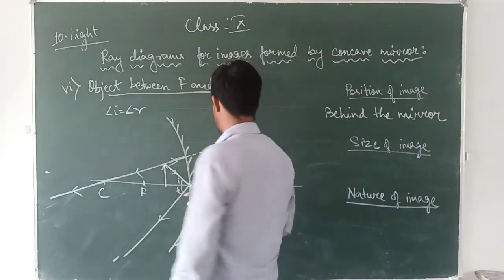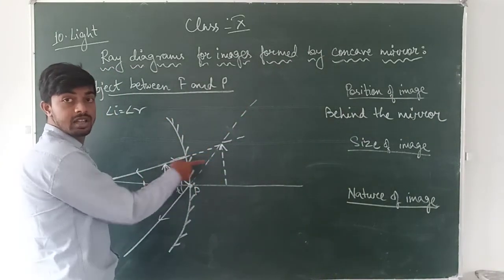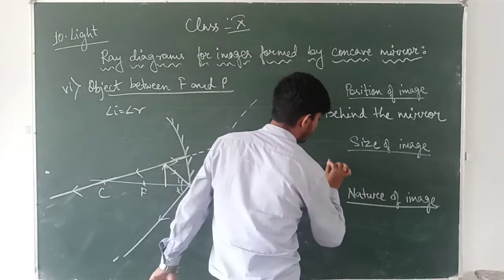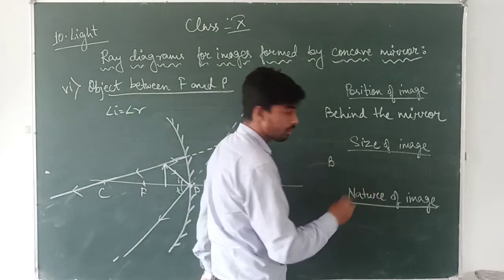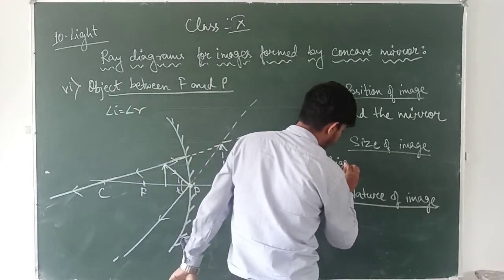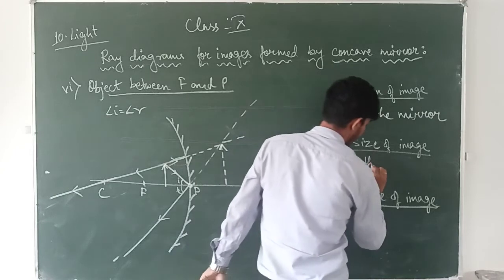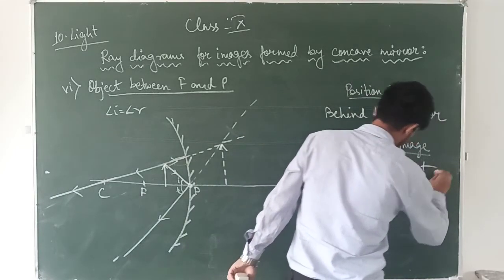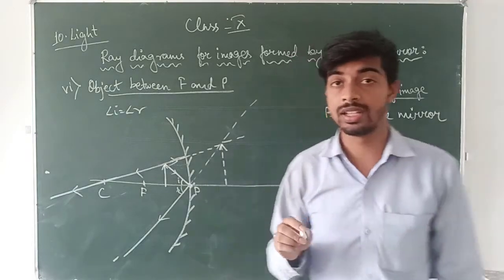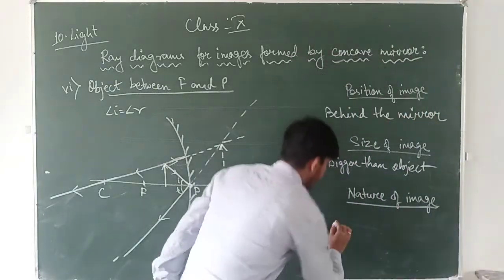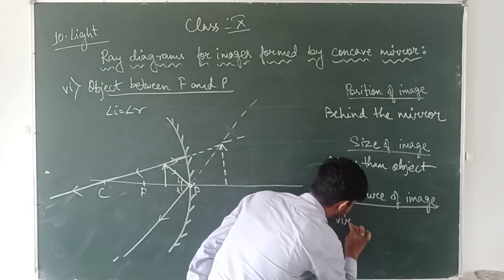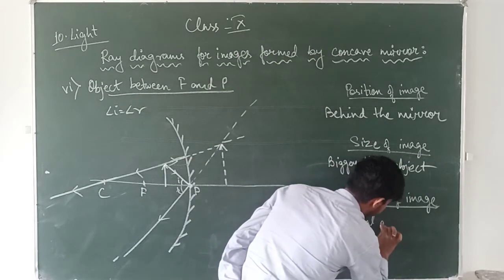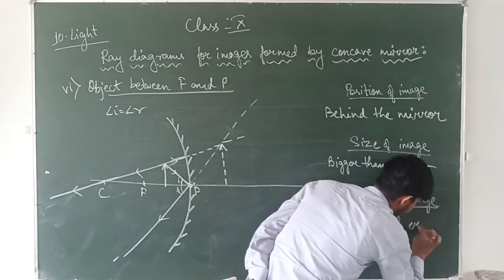Size of the image: it is bigger than the object. We can write magnified also. Nature of the image, it is very important: it is virtual and direct.